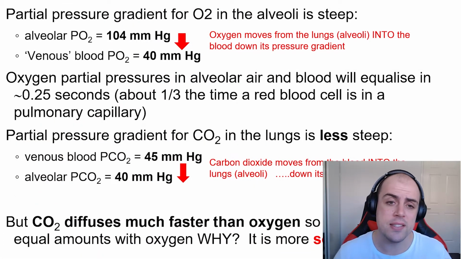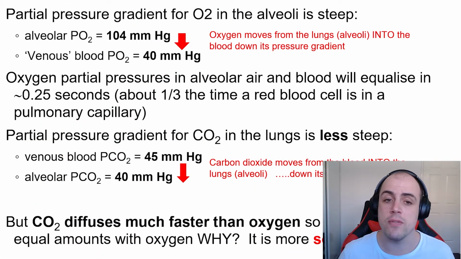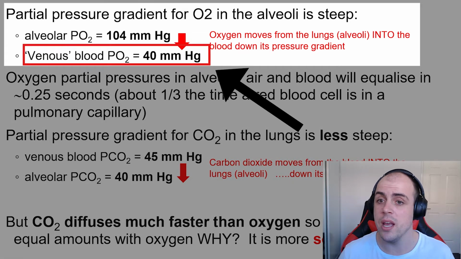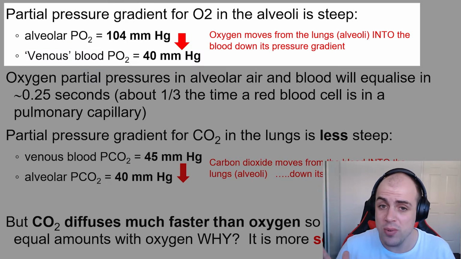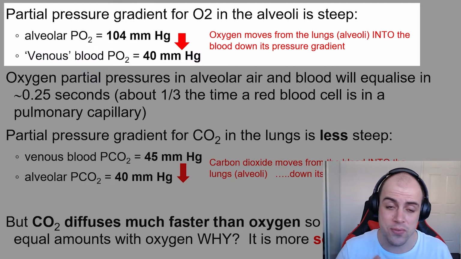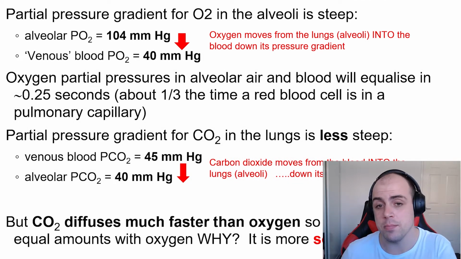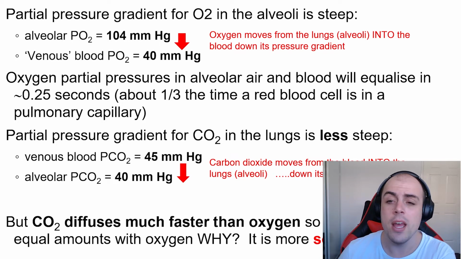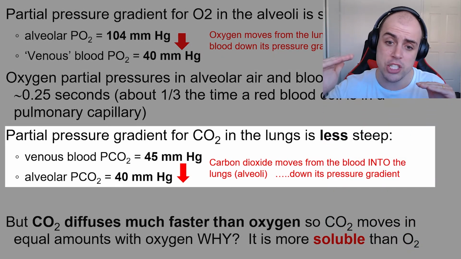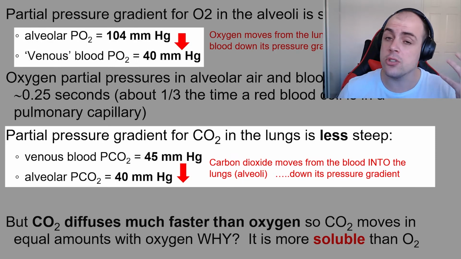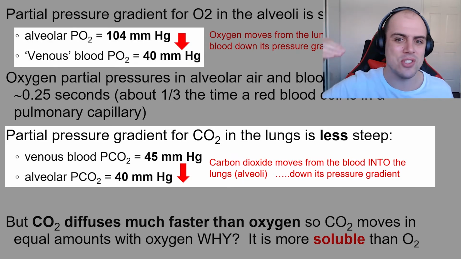Now, if we compare this to the partial pressure of oxygen in the venous blood, it's around 40 millimeters of mercury. So there's a big jump. It's nearly 2.5 times the difference in partial pressure of the alveoli compared to the venous blood when we are looking at oxygen. Now, if we compare this to the partial pressure of carbon dioxide, yes, there's still a partial pressure change, but it's far less steep. We're comparing 104 millimeters of mercury going down to 40.